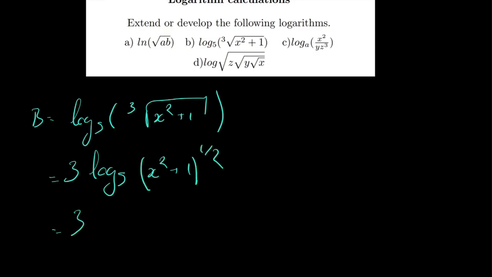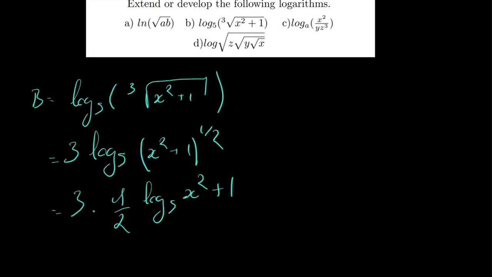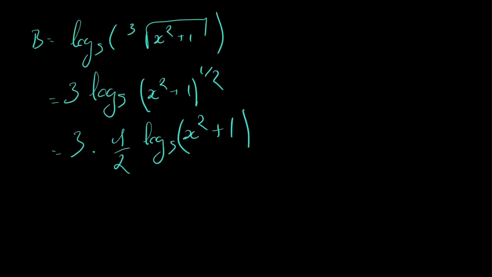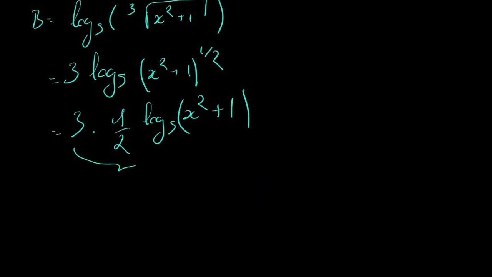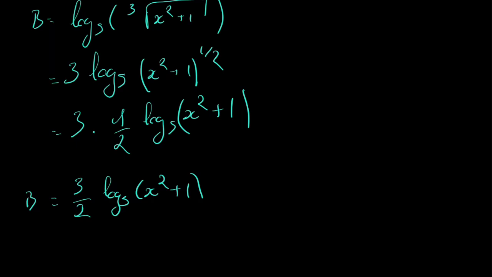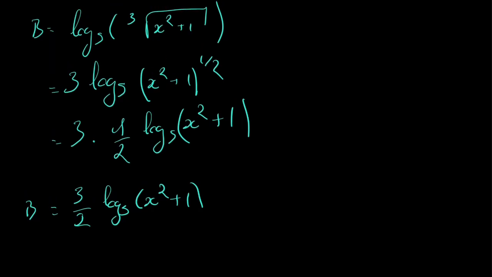And so we've got 3 times 1/2 times logarithm in base 5 of x squared plus 1. And here we cannot do much but simplify this into B is equal to 3/2 of log 5 of x squared plus 1. And so we turn one difficult logarithm into a simpler one.